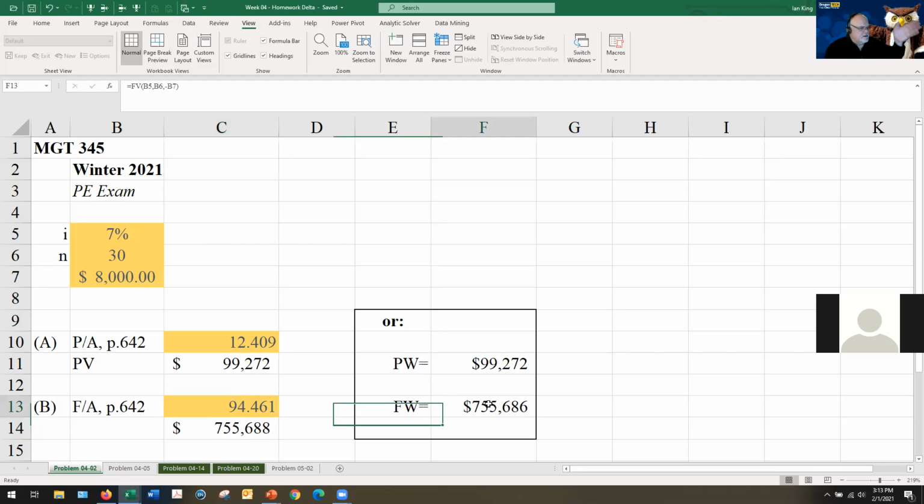Or you can do the Excel version: future value, interest rate, time, amount of the annuity, and then you get 755,686. Again, the only difference between this future value and that is $2, and it's rounding. The book stops at 3 significant digits. Excel goes on to like 9.